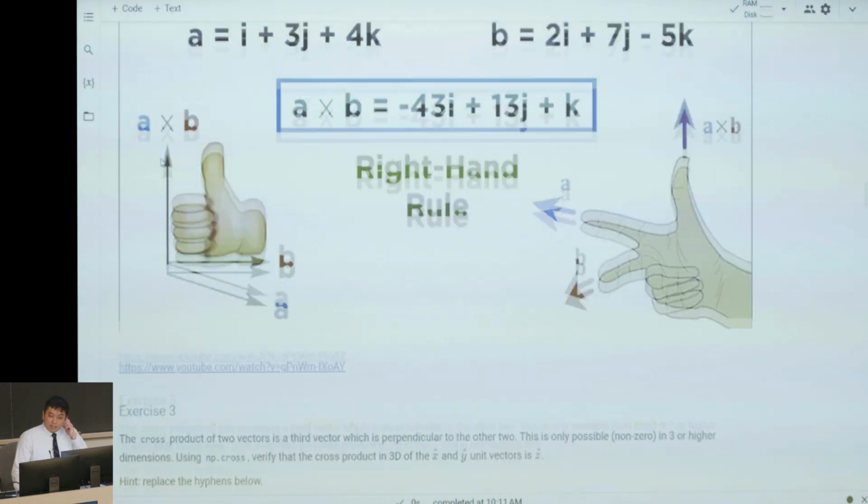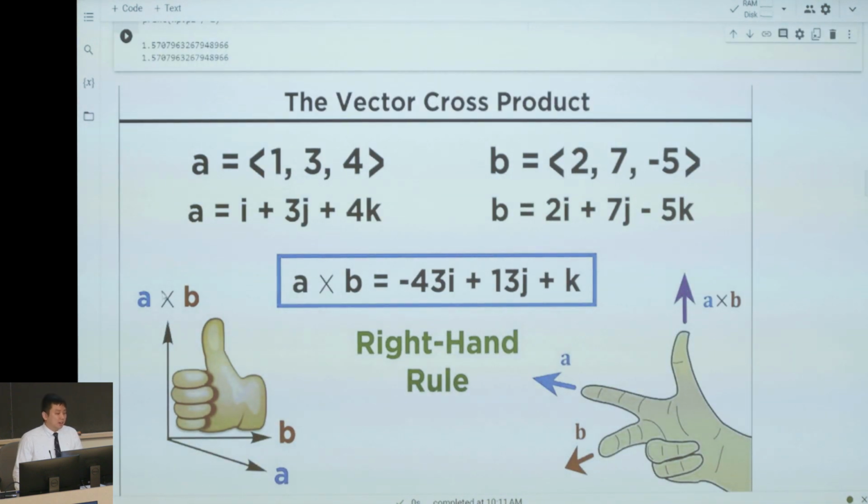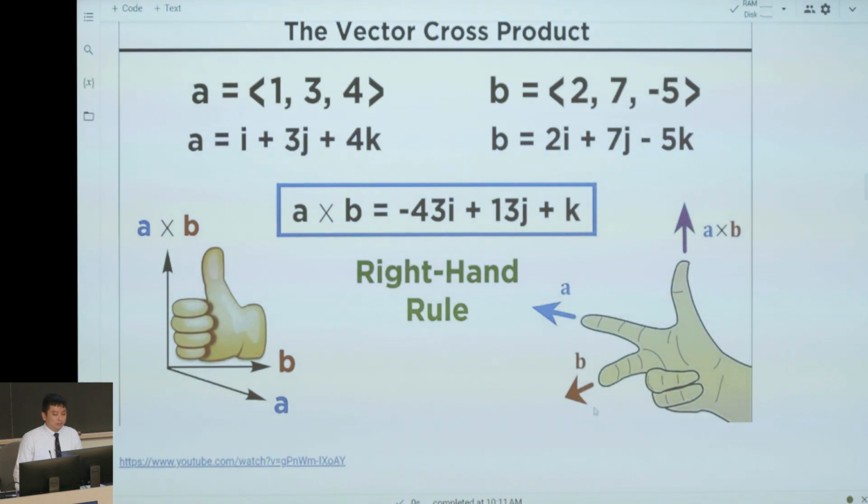The cross product is different. It's used a lot in physics. And it takes two vectors and computes a third vector, which is at a 90-degree angle to the plane of these two vectors, or orthogonal to these two vectors.